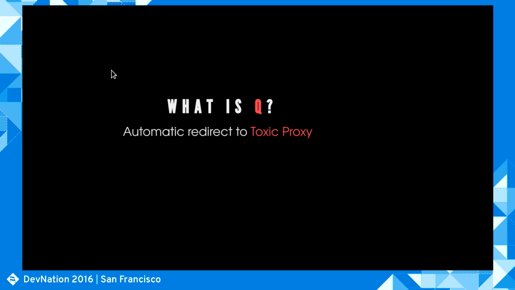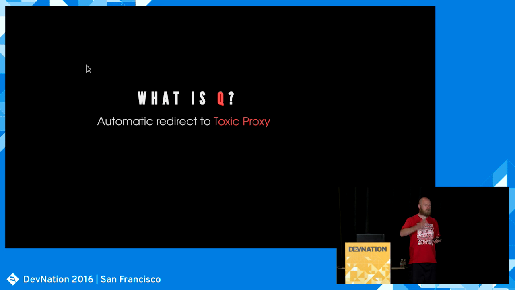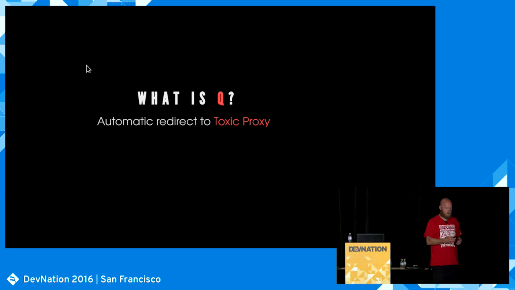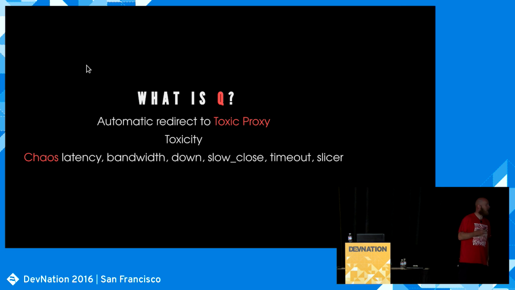So what is Q? Q automatically intercepts and injects and changes your original Docker Compose format to inject toxic proxies between all the different links. That means that anywhere in any service call, you can now control what's going to happen when that call actually occurs, and create chaos on the level of changing the network connection itself.